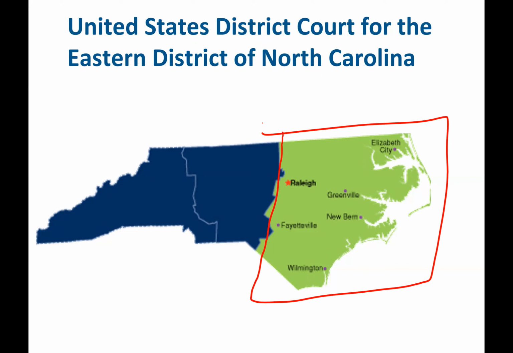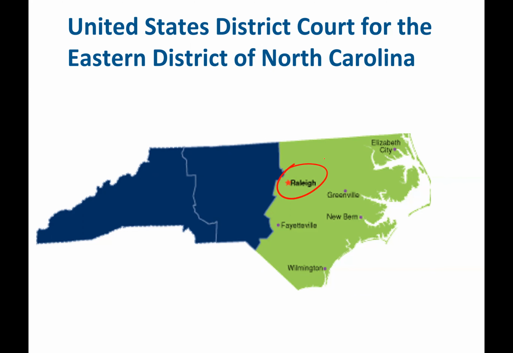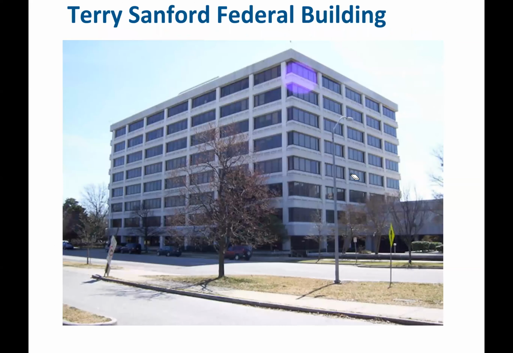There are 2 other districts in North Carolina, as you can see. There's a district here in the western part of the state. Okay, and then if you can see the boundary line here, there's another district in the central part of the state. So in the state of North Carolina, there are 3 separate districts. You see Raleigh has the star here. We're the capital of North Carolina. We actually are where at least one of the district courthouses is.